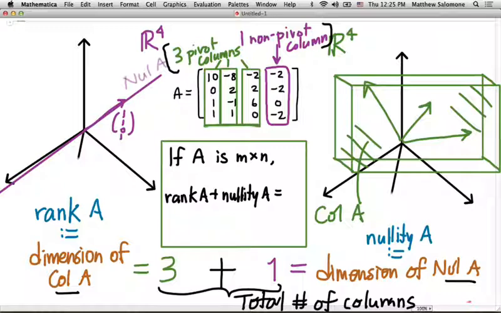The number of columns. Right. And here the number of columns is n.